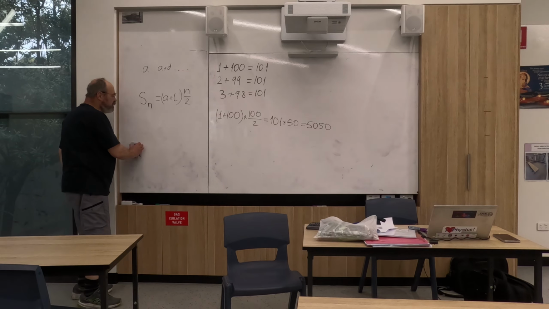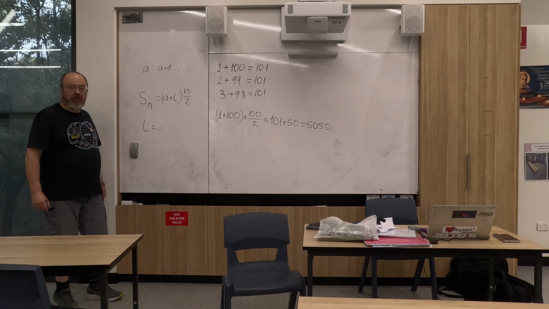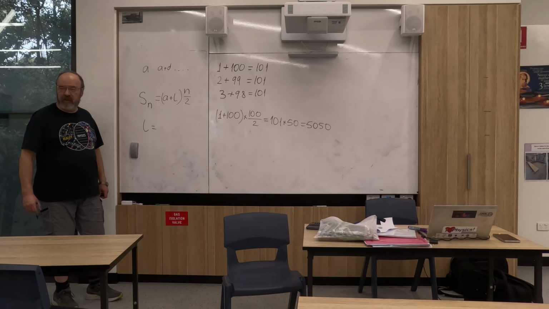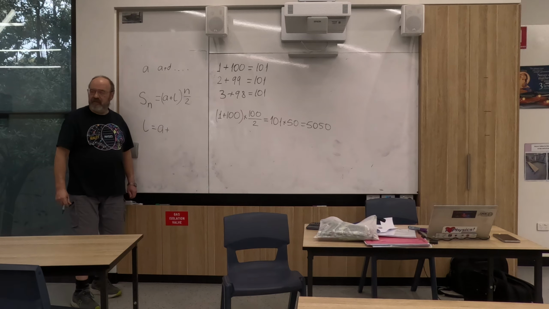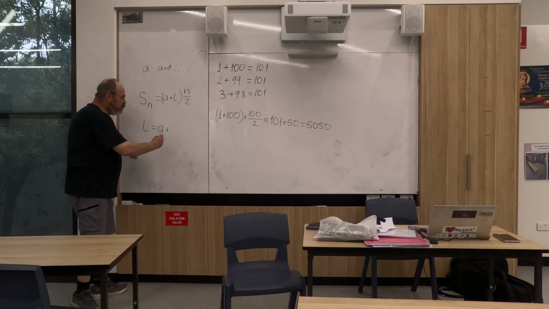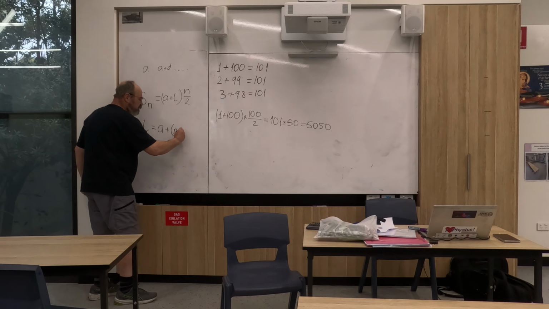What will be the last term if we have n terms? Using the formula for the nth term of the arithmetic sequence, that will be a plus n minus 1 times the common difference.